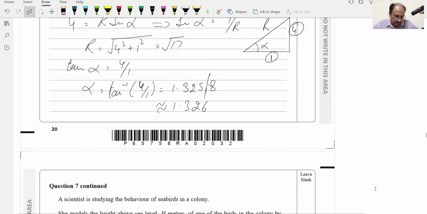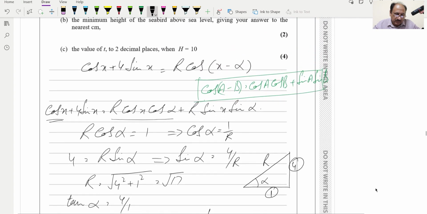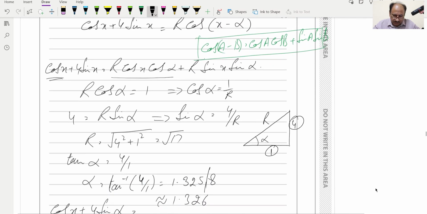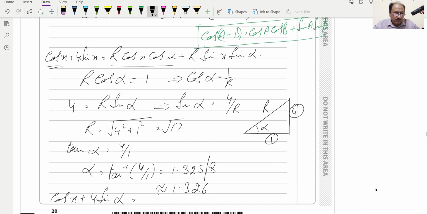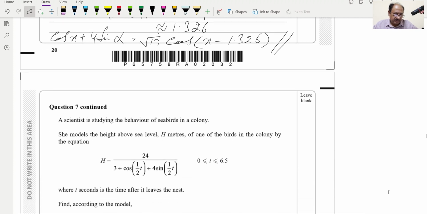And we can write the final step: cos x plus 4 sin x is equal to r cos of x minus alpha. So r value is root 17, so we can write root 17 cos of x minus 1.326, and this will be the final answer for this part.